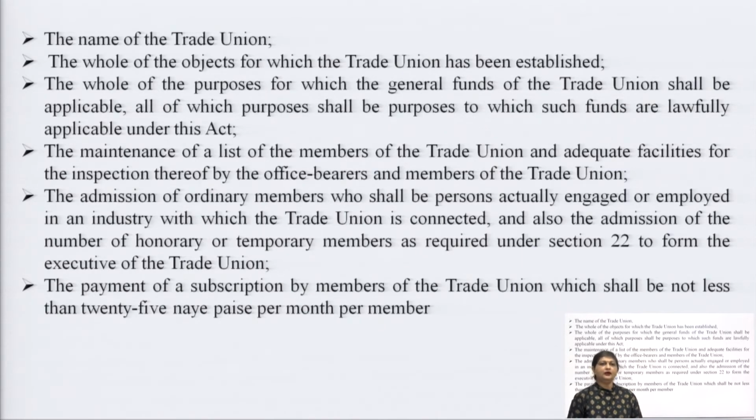The admission of ordinary members who shall be persons actually engaged or employed in an industry with which the trade union is connected, and also the admission of the number of honorary or temporary members as required under section 22 to form the executive of the trade union. Also, they have to provide for the payment of a subscription by members of the trade union which shall not be less than 25 naye paise per month per member.